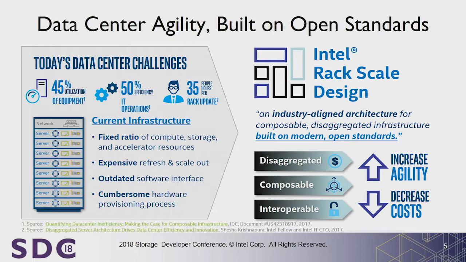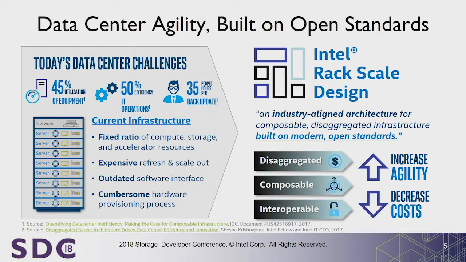This is why we bring the Intel rack scale design. In all the SNIA topics happening throughout these couple of days, you see a lot about the data plane. Well, the management plane is also important. Rack scale design is a management industry architecture that provides composed, disaggregated infrastructure built on modern and open standards, namely Redfish and Swordfish.